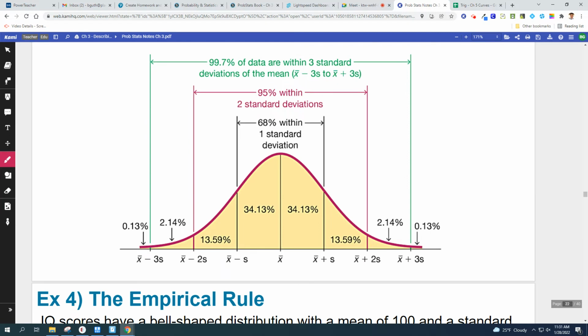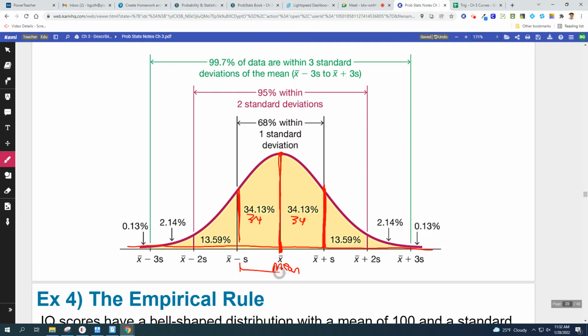You look at the number line down at the bottom, and here's the mean right in the middle of your bell curve. That's the mean. And so what they're saying is for this distribution, there's 34% here and 34% here.